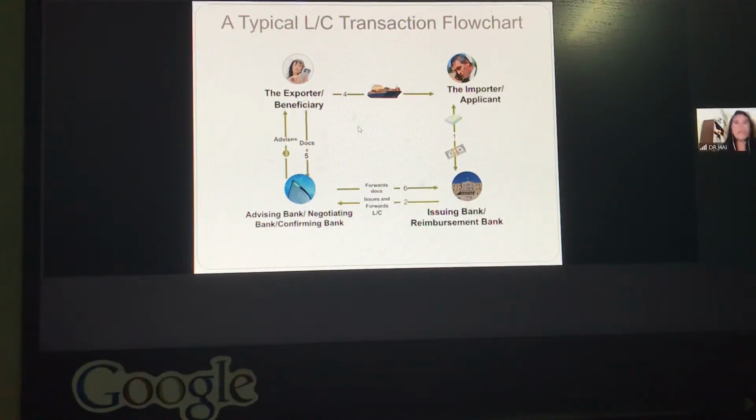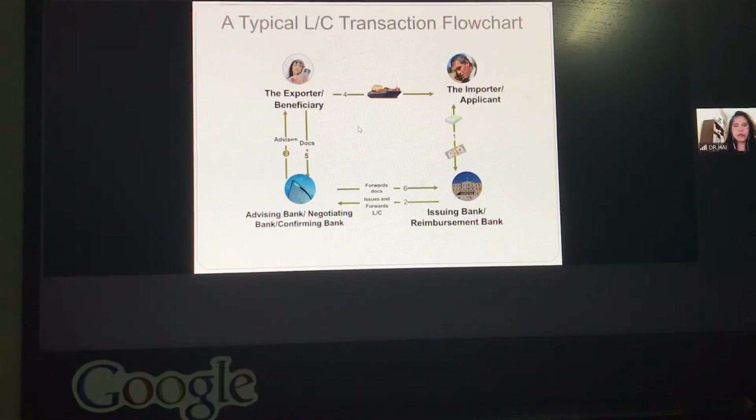Now my question, look at the slide. Step number 5 is where the exporter or beneficiary sends, submits or presents documents to the nominated bank. Is that step number 5, right?